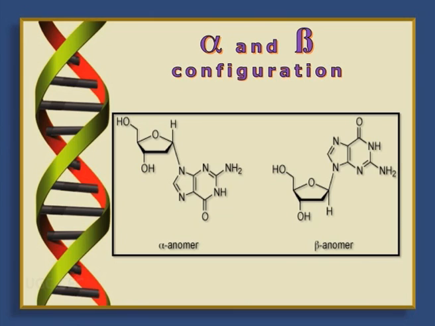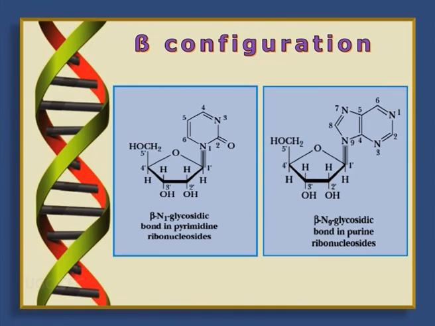The beta configuration is when the glycosidic bond is present in the same plane as the plane containing the C4'-C5' bond of the pentose ring. So, if it occurs on the same side as the ribose, then it is known as the beta configuration of the glycosidic bond. If it extends from the opposite side, then it is known as the alpha configuration. In all naturally occurring nucleosides or nucleotides, the beta configuration predominates.